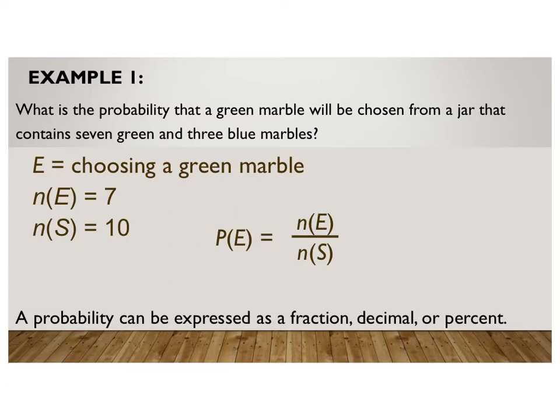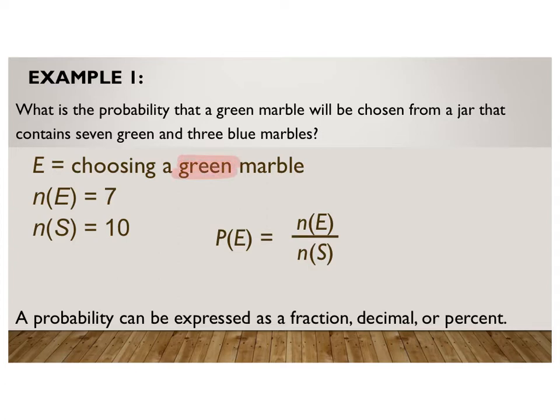All right, so what is the probability that a green marble will be chosen from a jar that contains 7 green and 3 blue? The event E is choosing a green marble, so that is what I'm looking for.